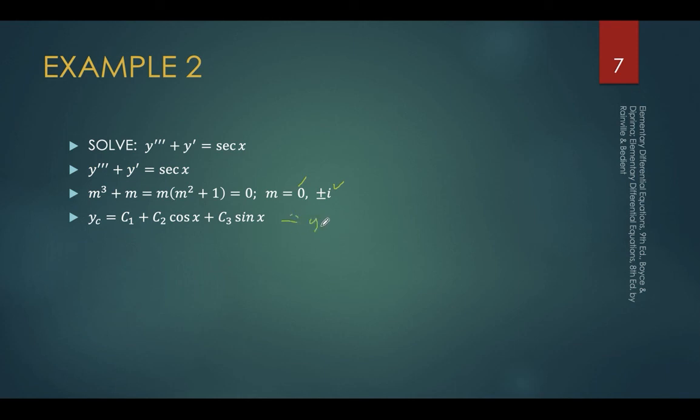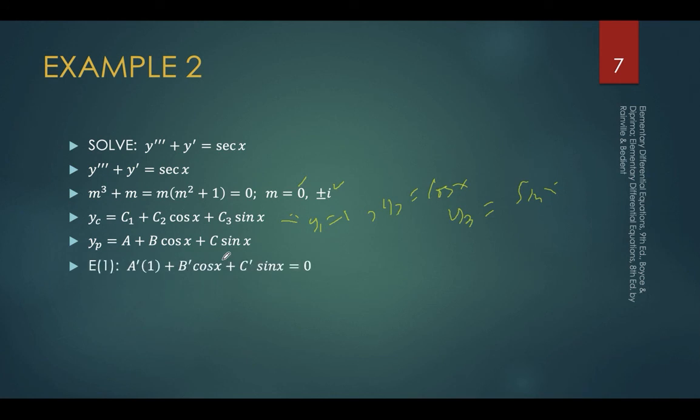Your y1 here is 1, y2 is cosine, okay, and then y3 is sine. So we'll be using 1 here times the unknown function a, and then cosine times b, and then sine times c.